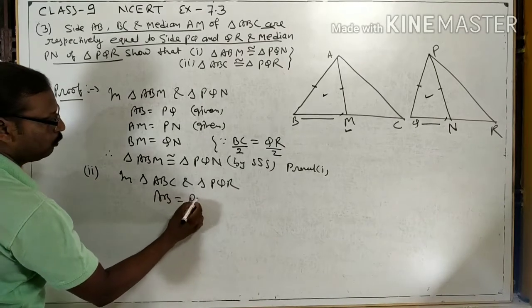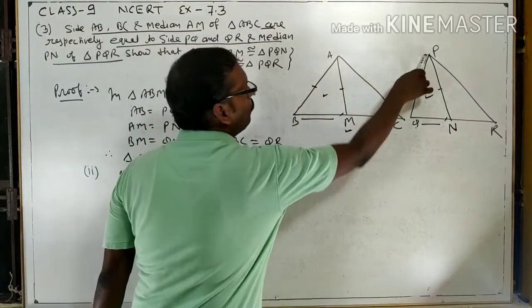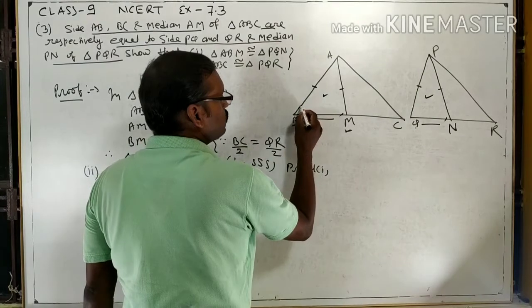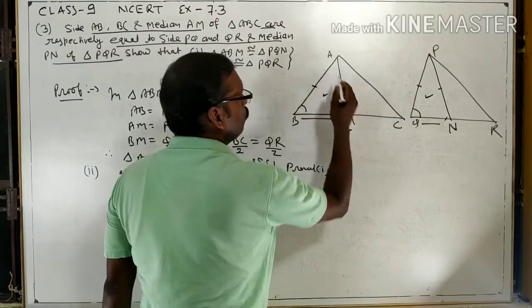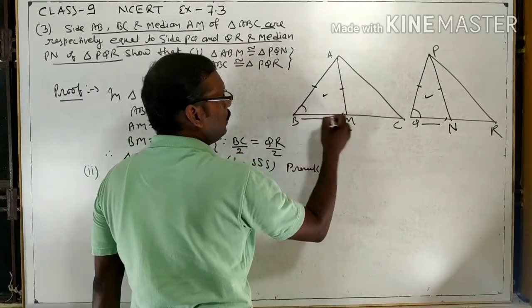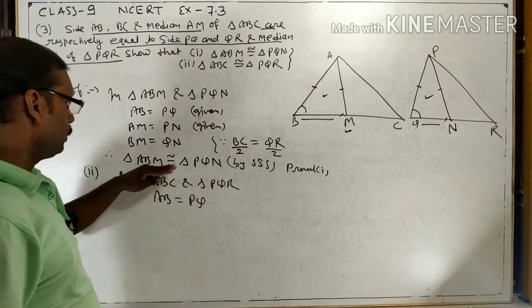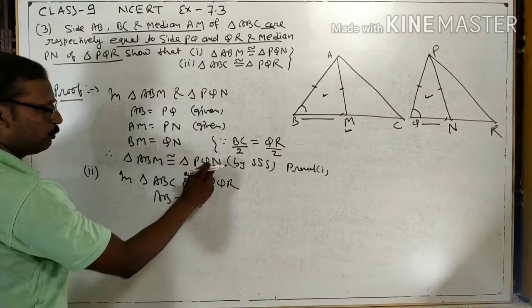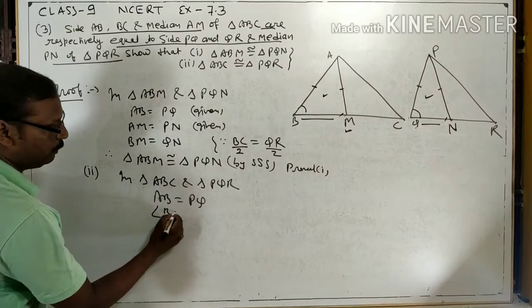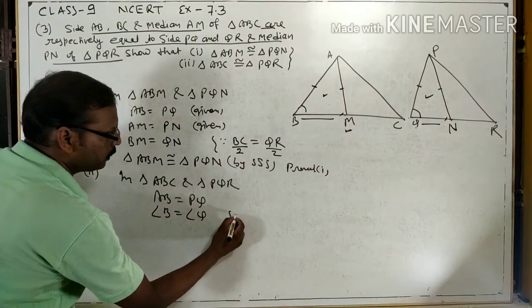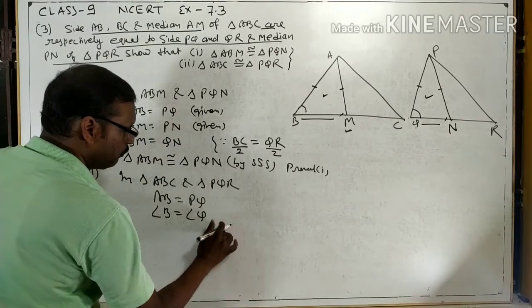Also we can say that angle B equal to angle Q because triangle ABM and triangle PQN are congruent, which we have just proved above. So we can write angle B equal to angle Q by CPCT.